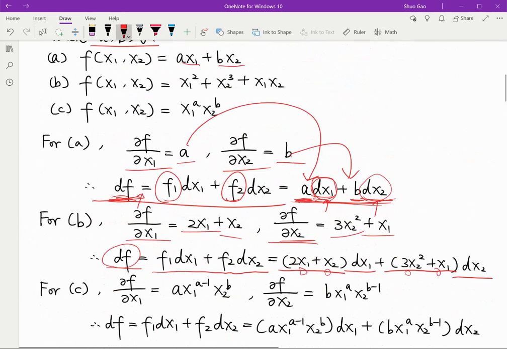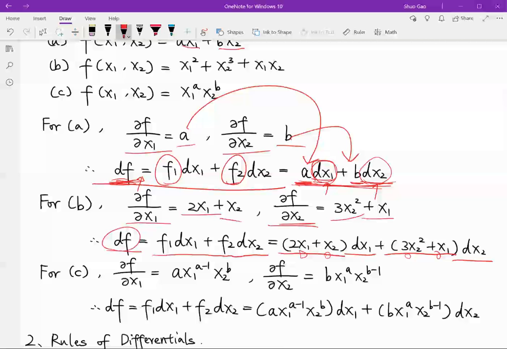Okay. So for the third one, the function is x1 to the a times x2 to the b. First, the partial derivative of f with respect to x1. This should be a times x1 to the a minus 1, and then times x2 to the b, right? Because x2 to the b is considered a constant, so we just copy the value here.